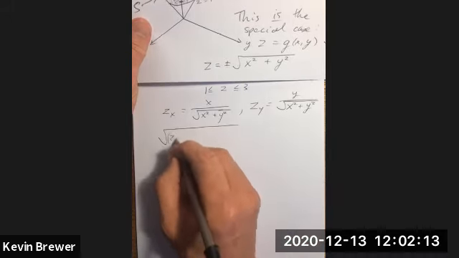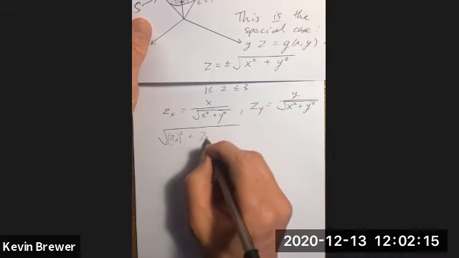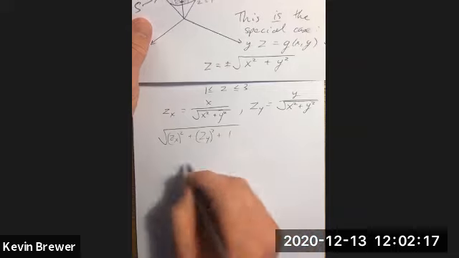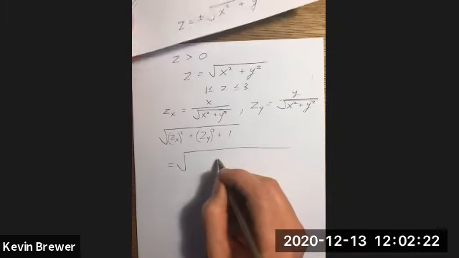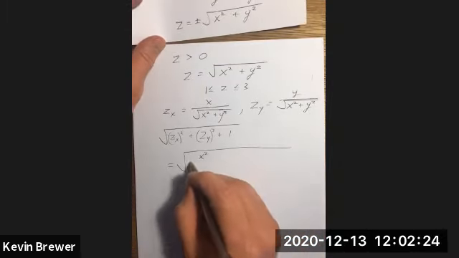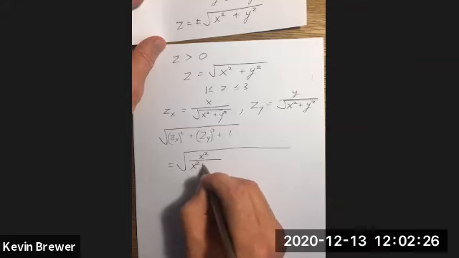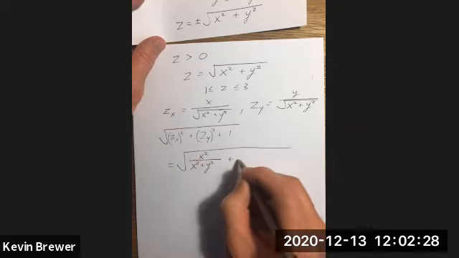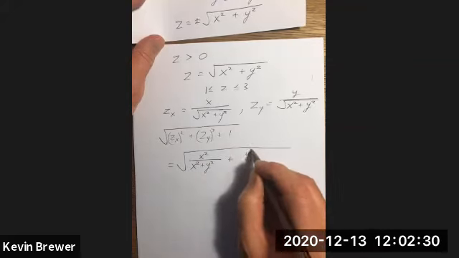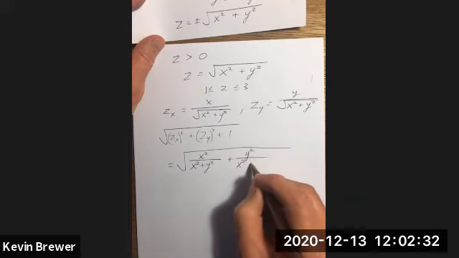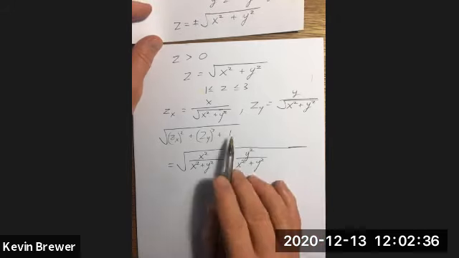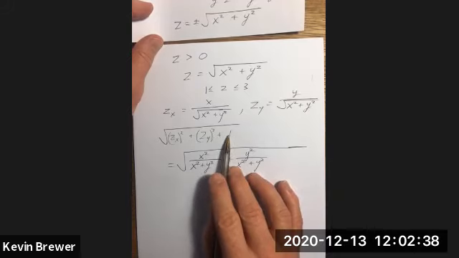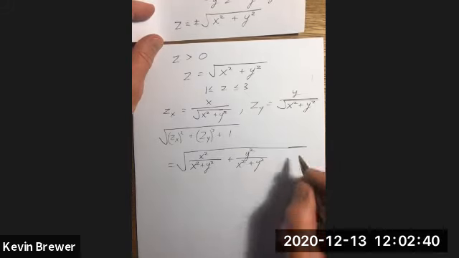of z sub x squared plus z sub y squared plus 1 is the square root of x squared over x squared plus y squared plus y squared over x squared plus y squared. And I can see now, if I'm going to add 1 to these, then I should write that 1 with a common denominator.